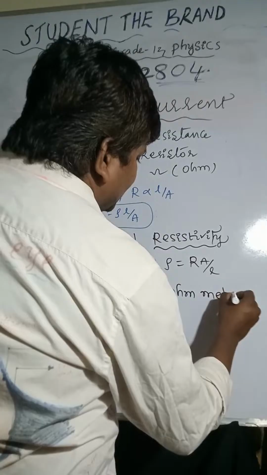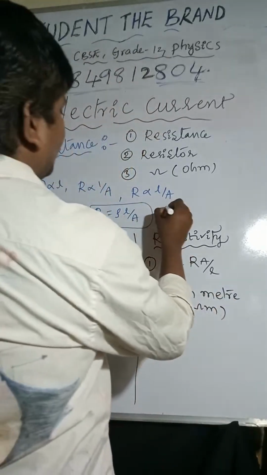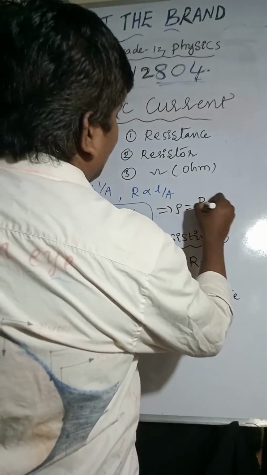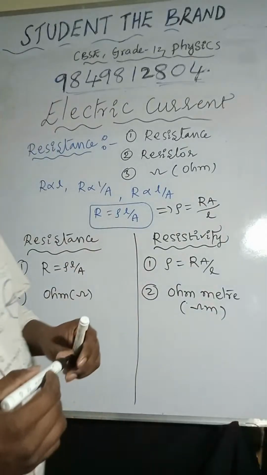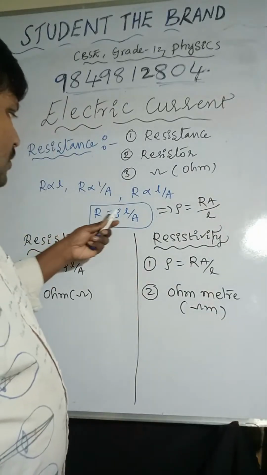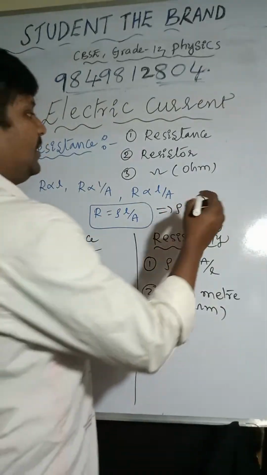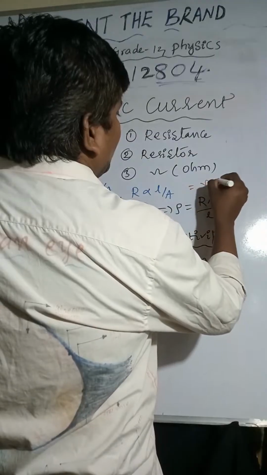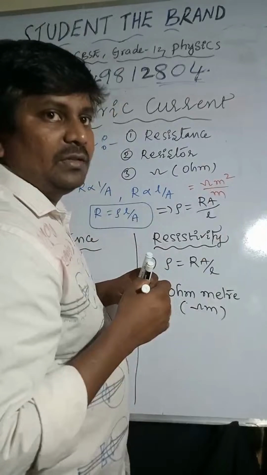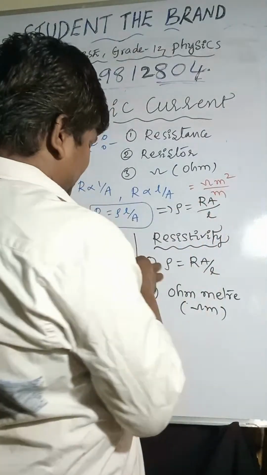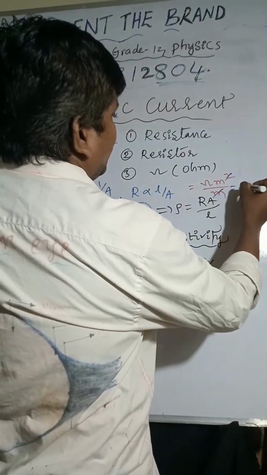Here we have to derive this one. From rho equal to RA by L, the SI unit of resistance is ohm, the SI unit of area is meter square, and the SI unit of length is meter, so one meter gets cancelled, giving ohm meter.